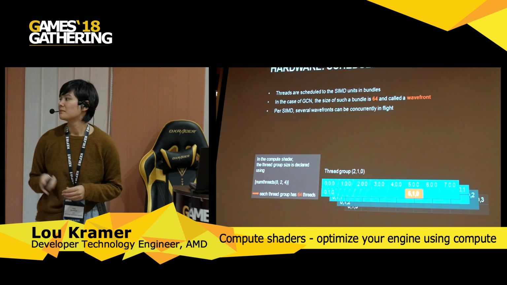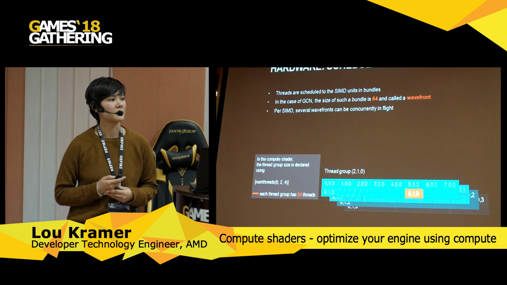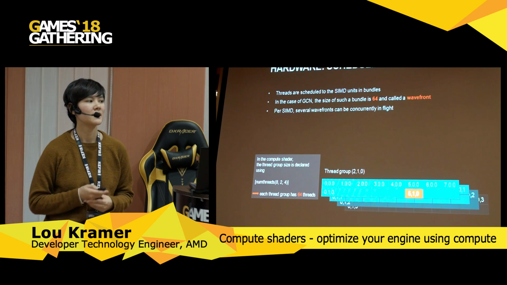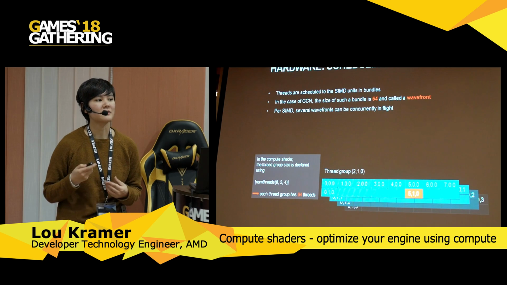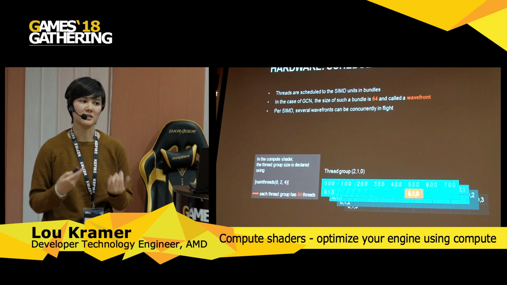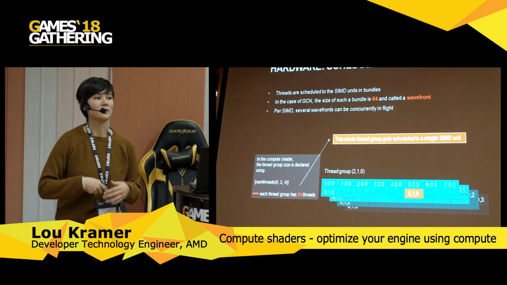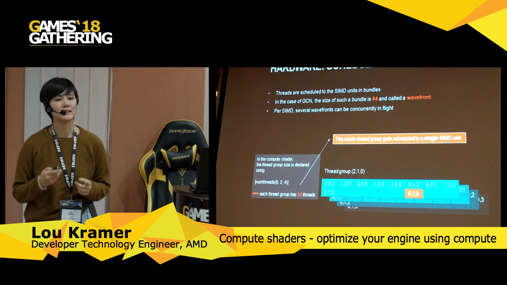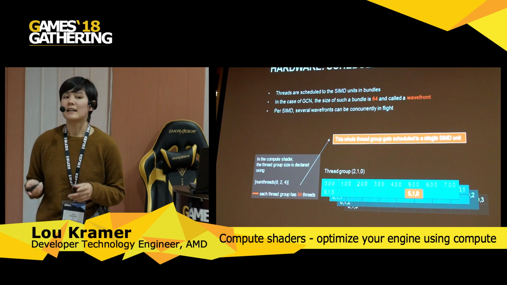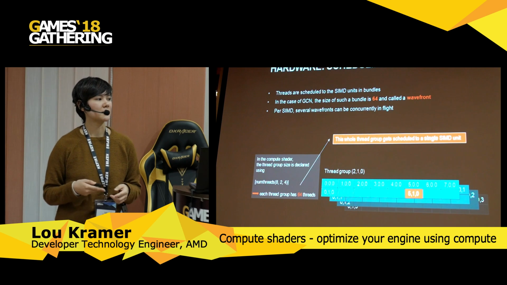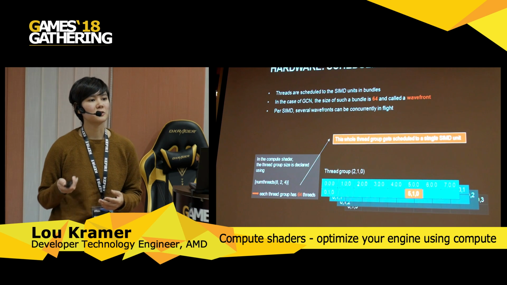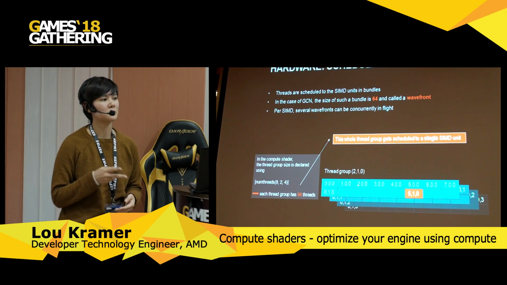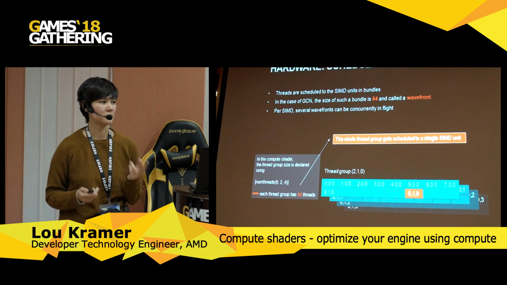So you may have noticed that in our example, the thread group has in total 64 threads. This basically means that this thread group has just one wavefront, and this also means that the whole thread group gets scheduled to one single SIMD unit. If the thread group had, for example, 128 threads, the whole thread group would get scheduled to two different SIMD units, because we have two wavefronts.